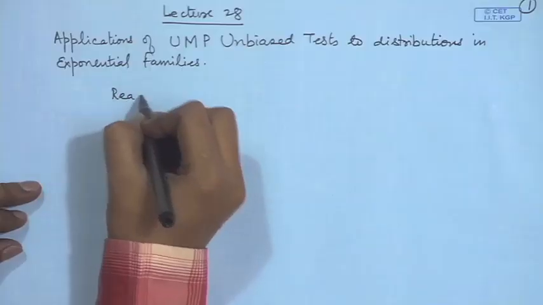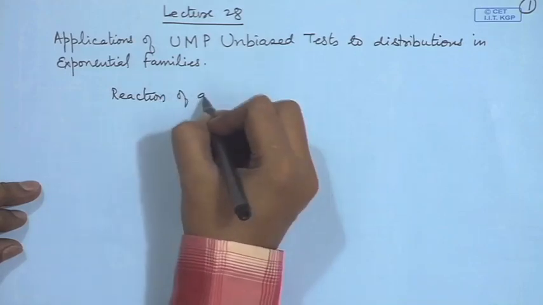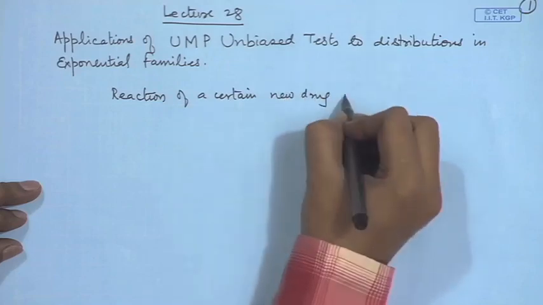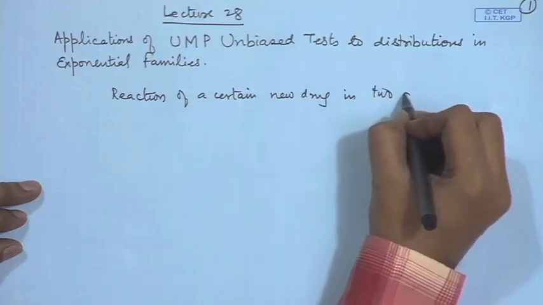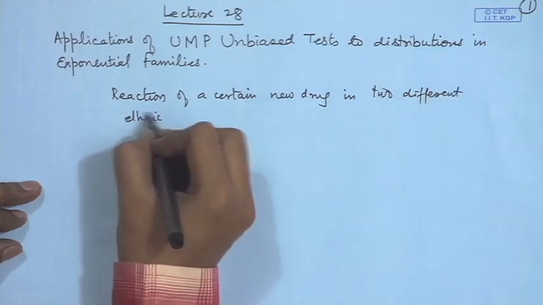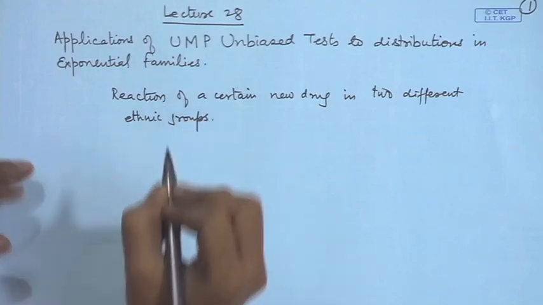Suppose I have two proportions. So, it could be like we are having reaction to certain measure or reaction to certain drug. So, let us consider reaction of a certain new drug in two different ethnic groups. Okay.